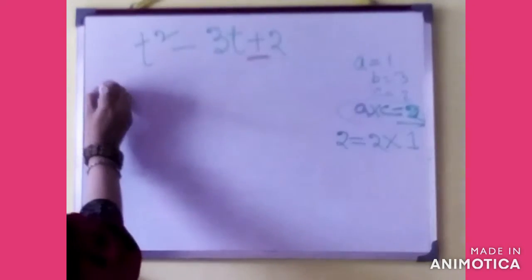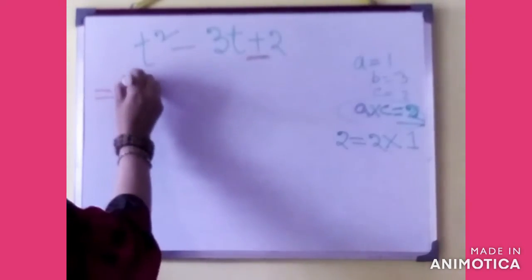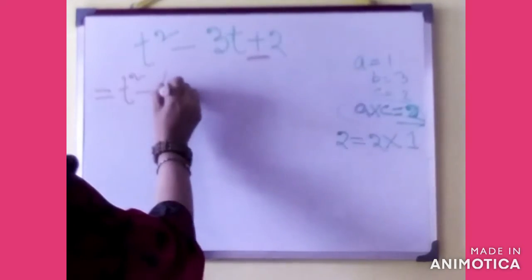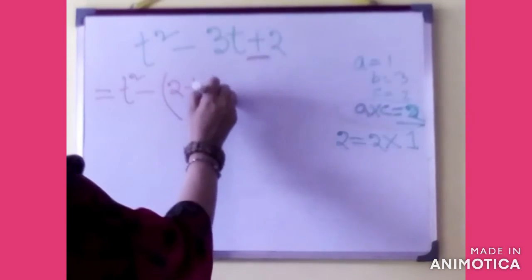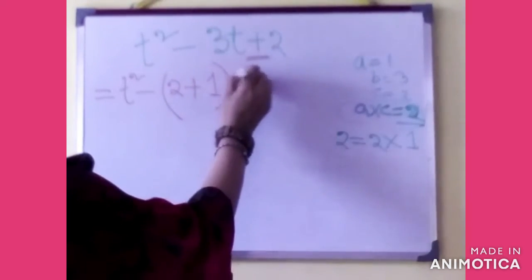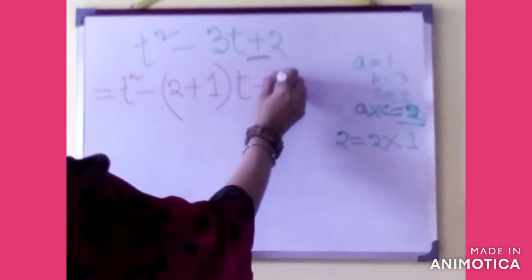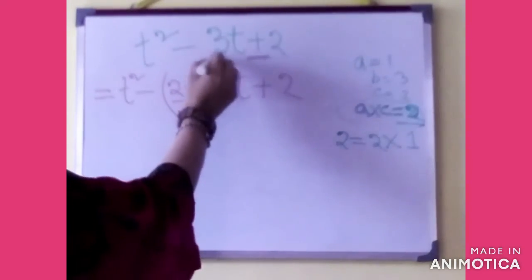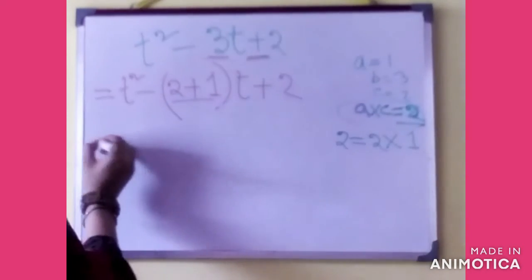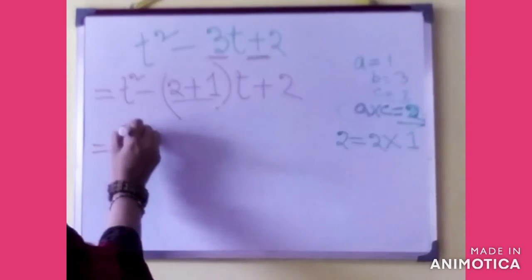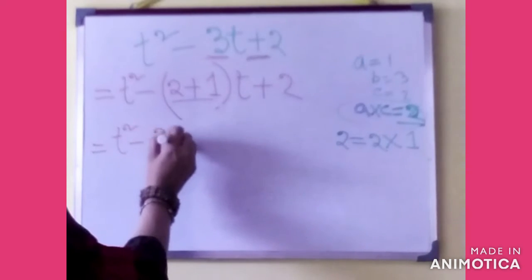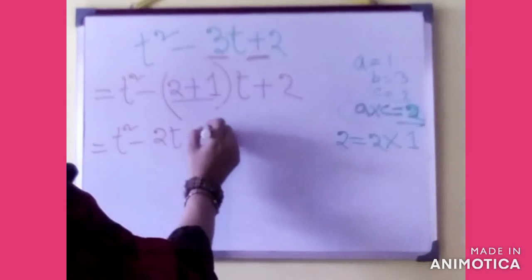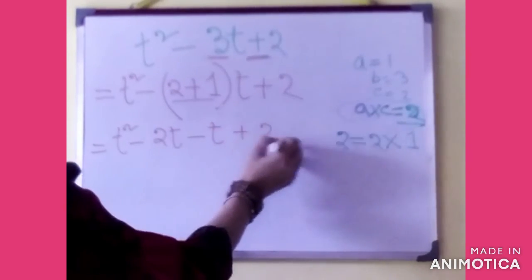So I am writing here t square minus 2 plus 1, since 2 plus 1 is 3, into t plus 2. So t square minus 2t minus t plus 2.